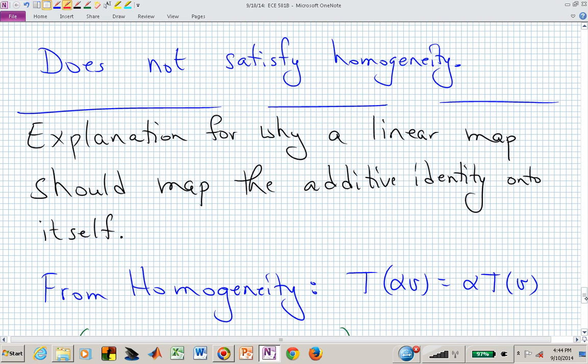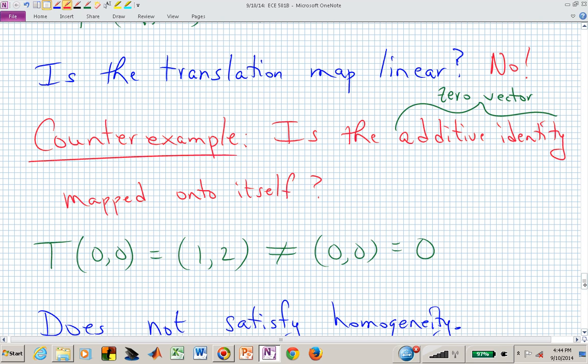That was the counterexample that we utilized to show that the translation map was not a linear map. We verified that T of 0 was not equal to 0. So that's a counterexample.